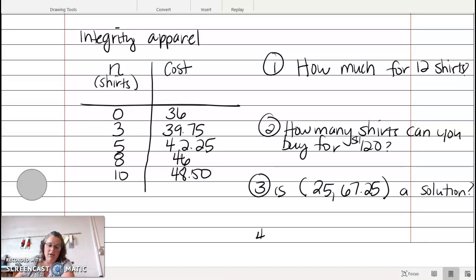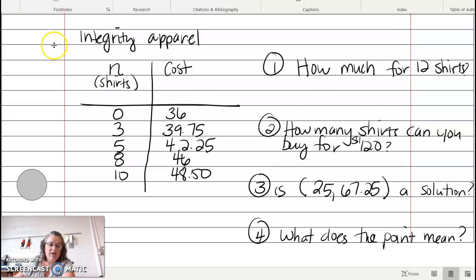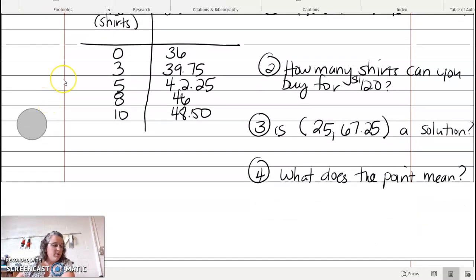And then if it is, what does this point mean? And then I also want you to tell me some information about this situation. For example, I want to know what's the y-intercept. I want to know what's the coefficient. And I want you to write me the equation for this table.